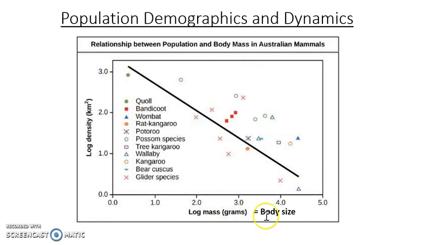This density is really going to affect some of the interactions within that population. These individuals are going to be competing for the resources that are available out there, things like food, space to live, ability to find a mate. And smaller organisms tend to be a little bit more densely distributed than the larger organisms that are out there.